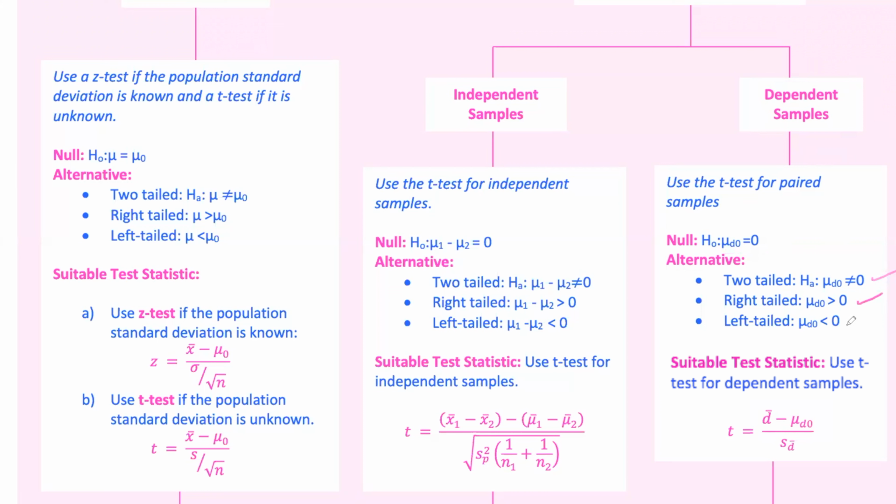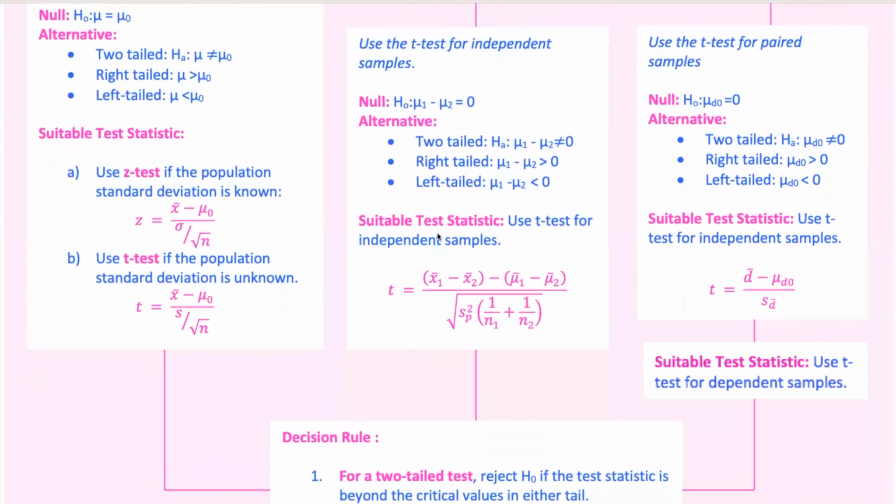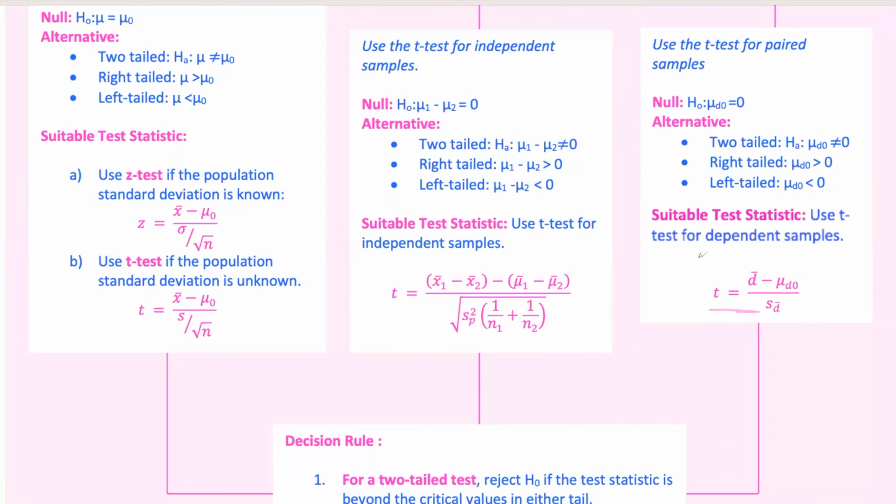For a two-tailed test, the mean difference is not 0. For a right-tailed test, the mean difference is greater than 0. And for a left-tailed test, the mean difference is less than 0. We use something called the t-test for paired samples. Here's the formula we use.